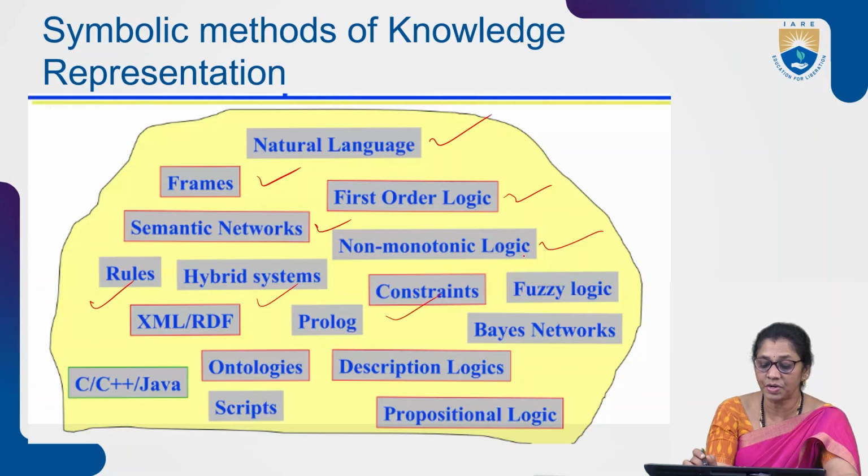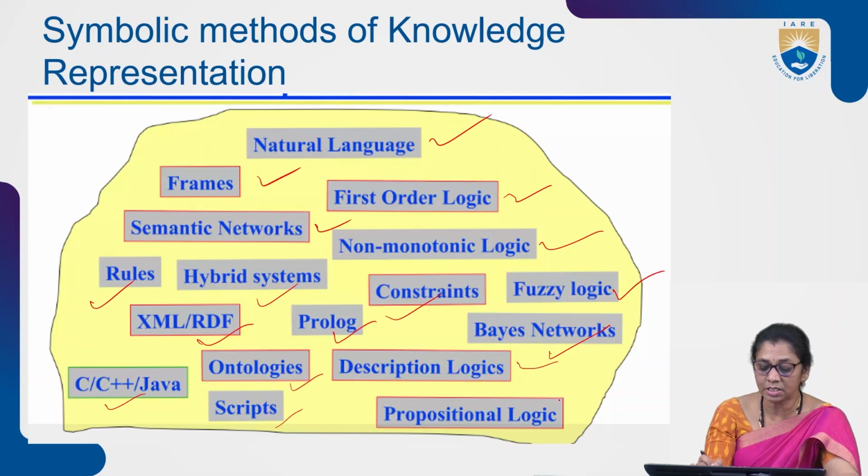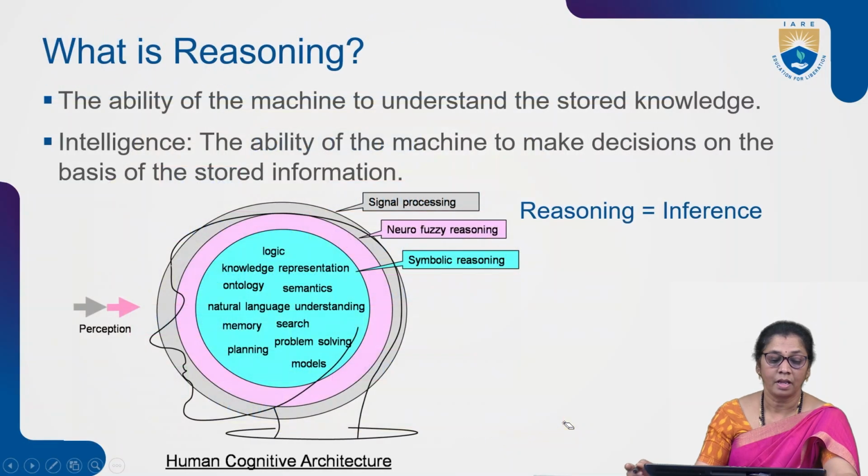And then what are the constraints? What is fuzzy logic? XML or RDF, and Prolog, this is a hybrid system. Bayes networks are the probabilistic model. C, C++, Java, ontologies, scripts, description logics, and propositional logics. These are the logic based systems, description logic and the propositional systems.